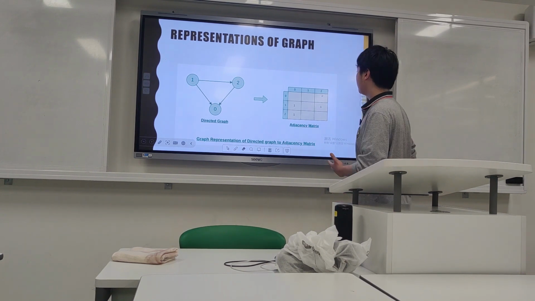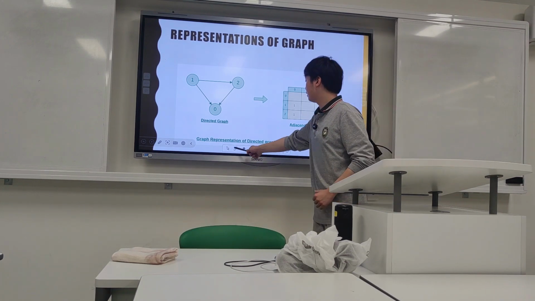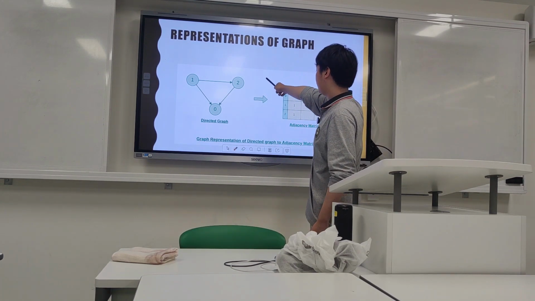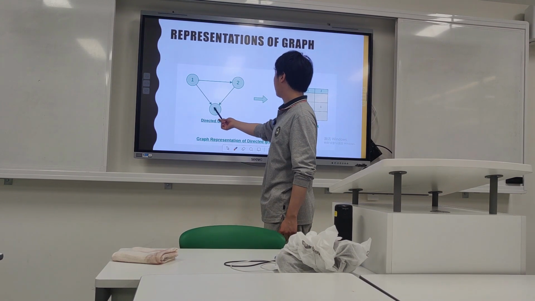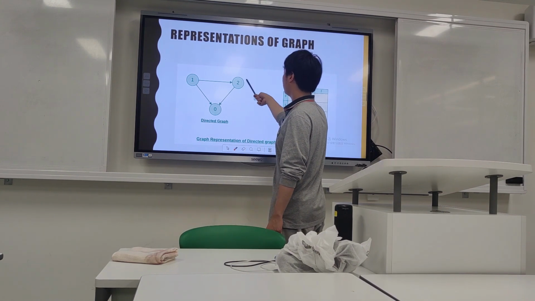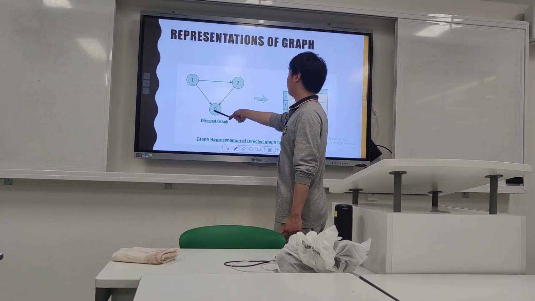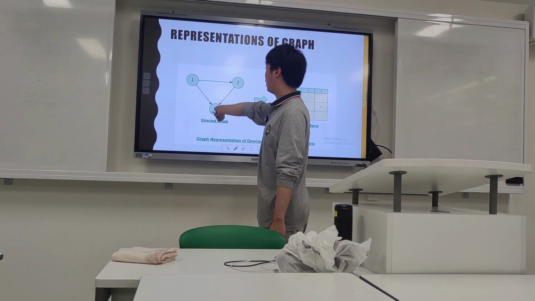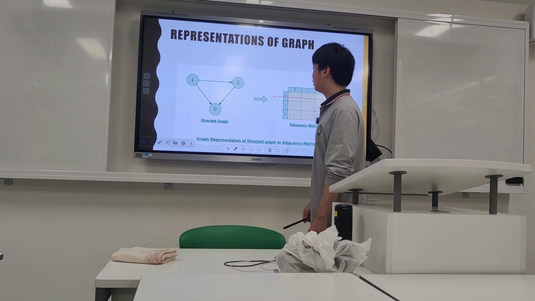It will be pretty much the same for directed graphs. Here you have a directed graph, and first you check node 0. Node 0 does not point to any other node, so this whole row will be 0.